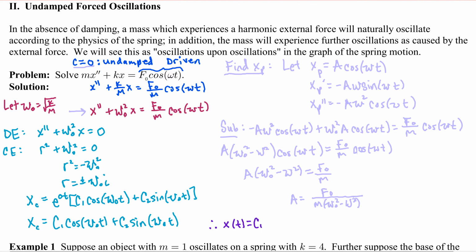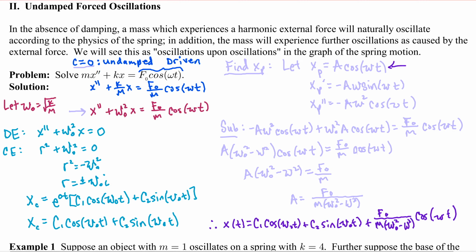We found that previously, c1 cosine of omega naught t plus c2 sine of omega naught t plus, now we're going to add our particular term, A. We discovered A is F naught divided by M times omega naught squared minus omega squared times cosine of omega t.